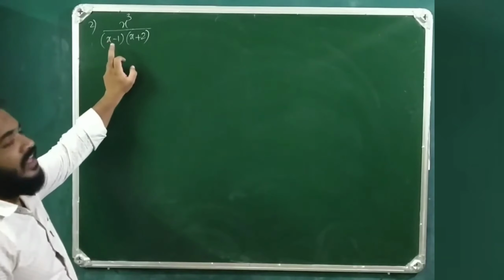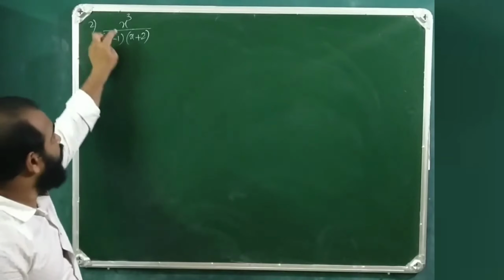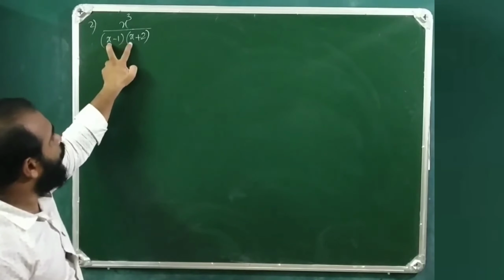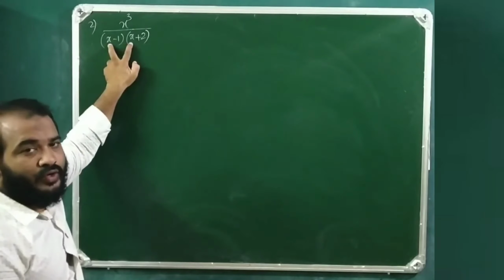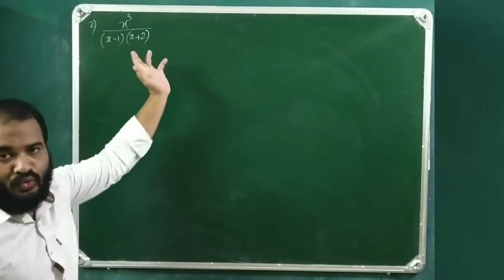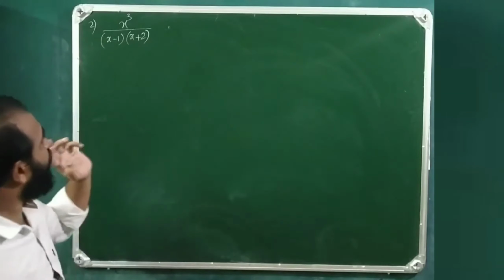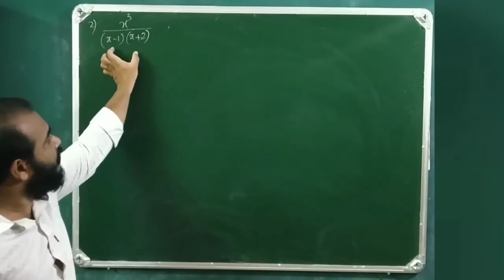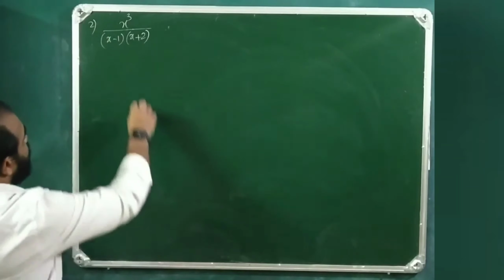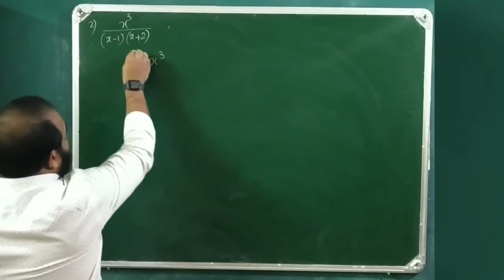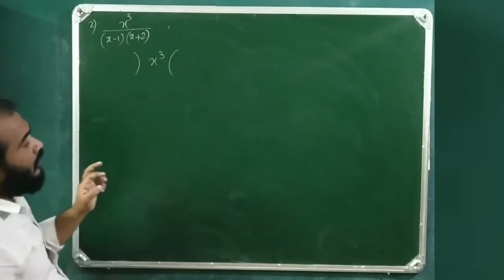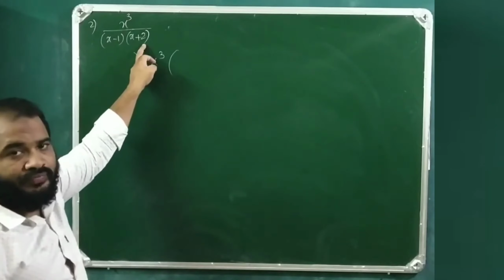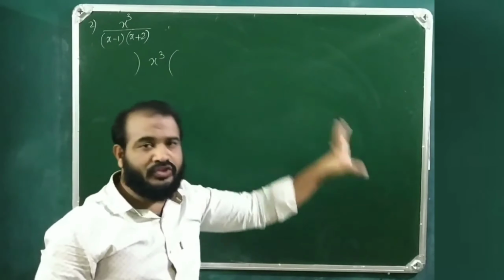Now this is again an improper fraction. Degree of numerator is 3 and degree of denominator is 2. So 3 is greater than 2. So here we need to divide this x cube with the help of this. Otherwise, if it is x square by (x minus 1) into (x plus 2), we need to divide in that situation also.